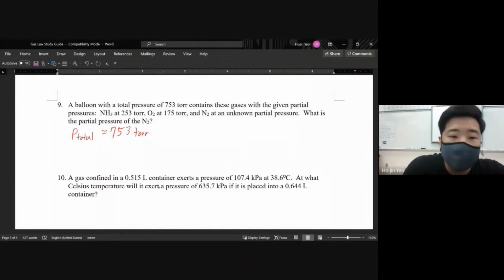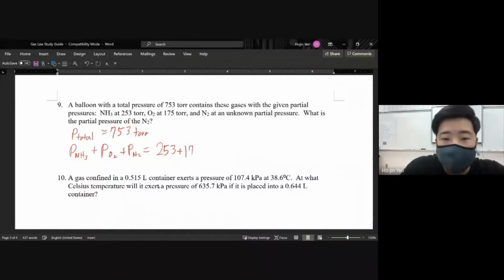But the partial pressures that are given, so PNH3 plus PO2 plus PN2 will give us the total. So if I were to plug in those numbers, O is 175, plus we do not know the pressure for N2, is equal to 753.